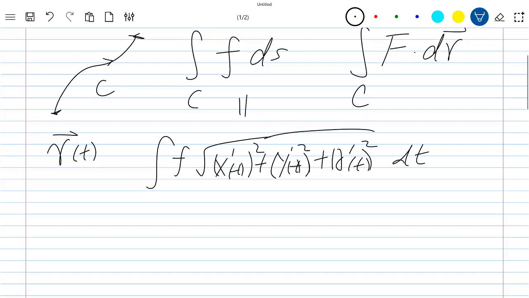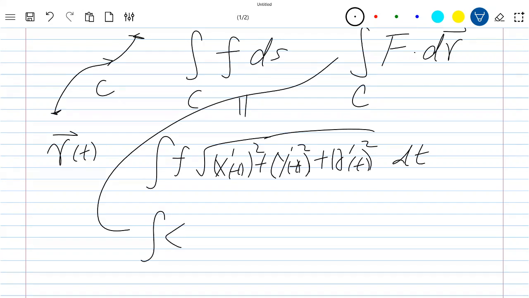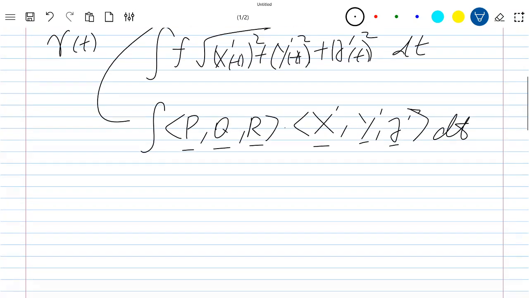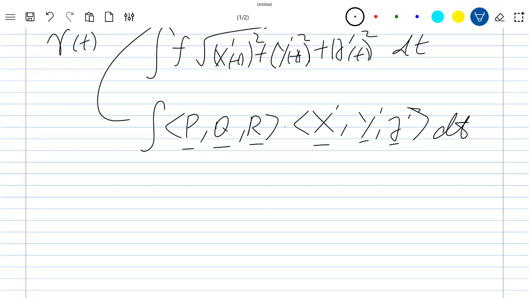And for the second integral, let's say the field is P, Q, R, dotted with x prime, y prime, z prime, then dt. So you have P times x prime, Q times y prime, plus R times z prime. So that's what you do for the vector integral.